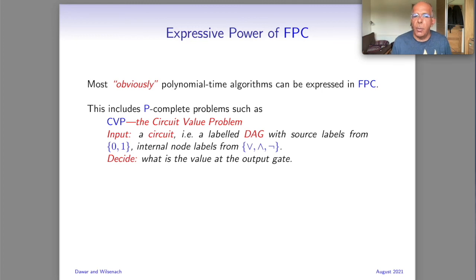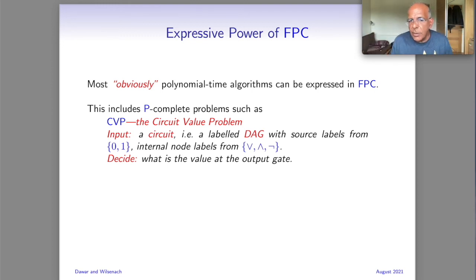The circuit value problem, in case you don't know it, is you're given a circuit as an input that is a labeled directed acyclic graph, where the source nodes are labeled by 0 or 1, and internal nodes are labeled by Boolean operators and, or, not, and you have to decide what is the value at the output gate. So you're given a circuit with all the inputs already given, and you have to just decide what it is.